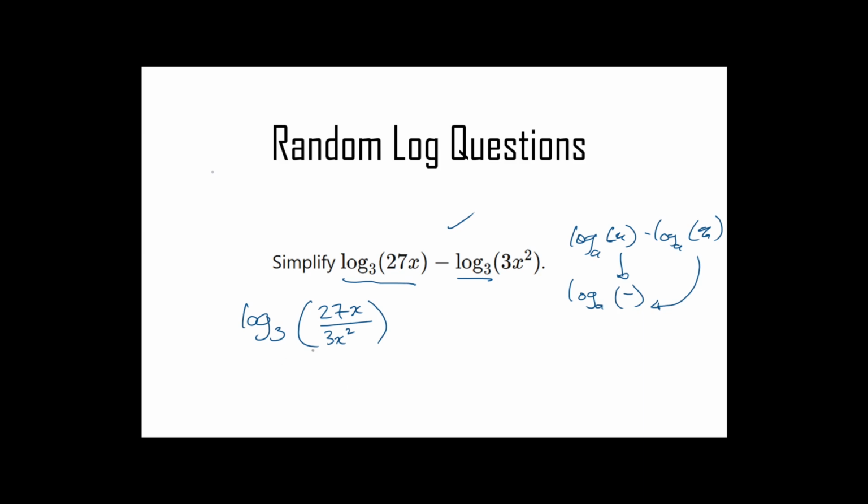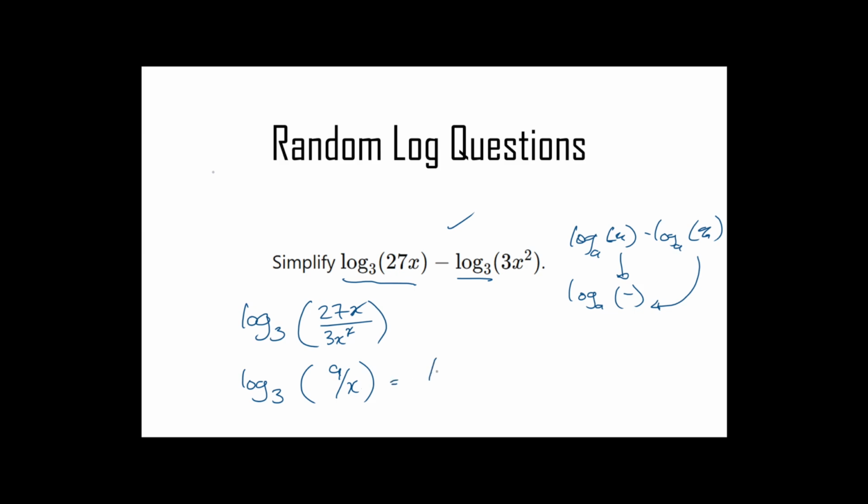So obviously we can simplify that a bit more. So we can say that that's log 3 of 9 over x. So that x is going to cancel with that x, and the 27 divided by 3 is 9. So that's 9 over x.